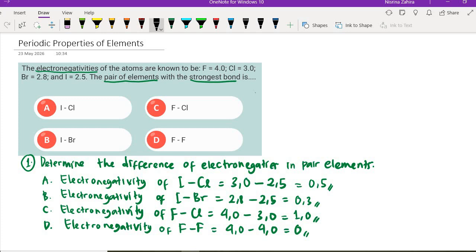So based on this data, the difference of electronegativities in the pairs, we can say that the biggest difference is in option C. That means this bond is the strongest.